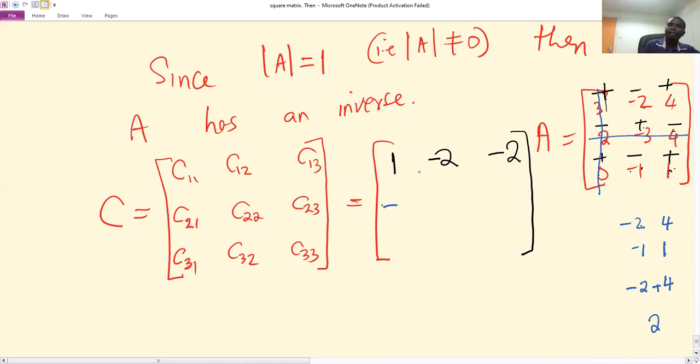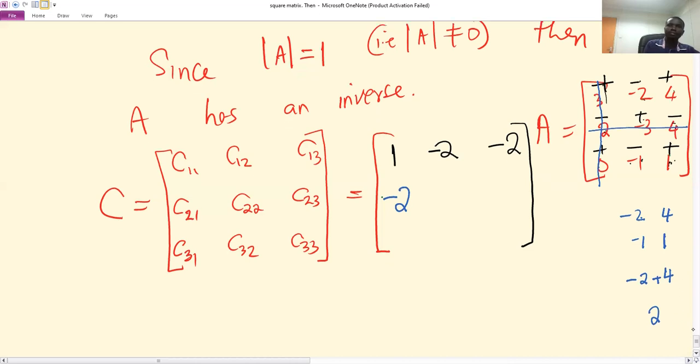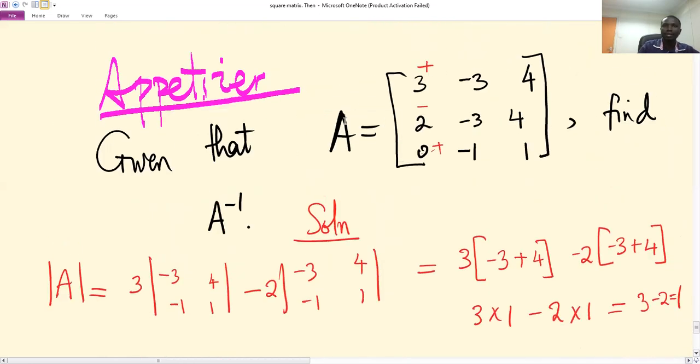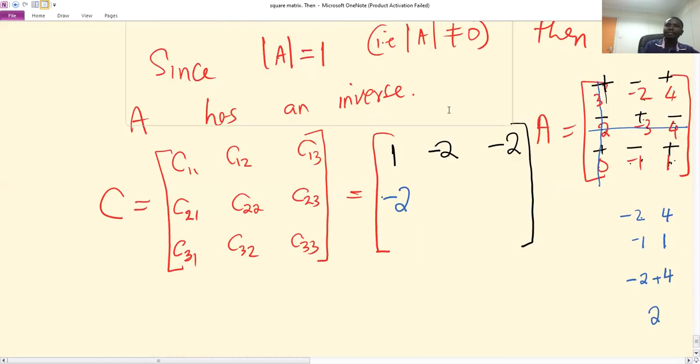And then here I have 3, 2, 0, minus 3. Oh, this was supposed to be minus 3, not 2. This element is minus 3, not 2.